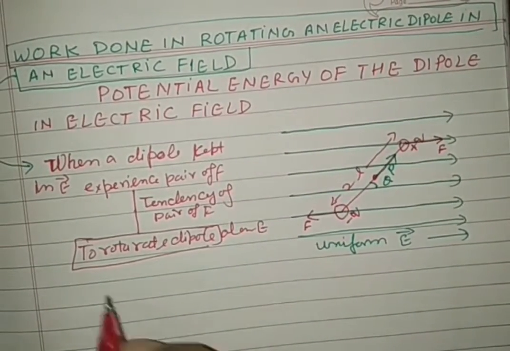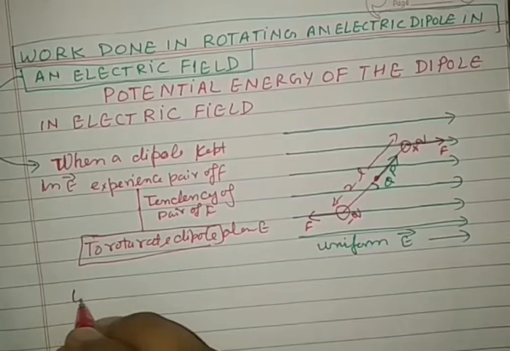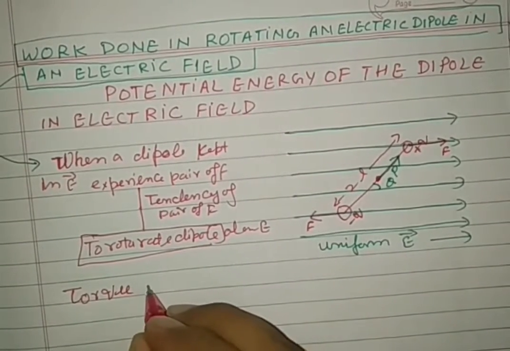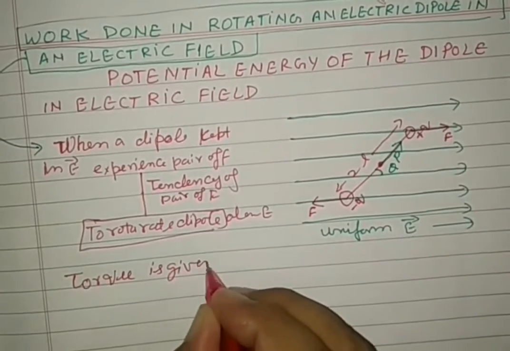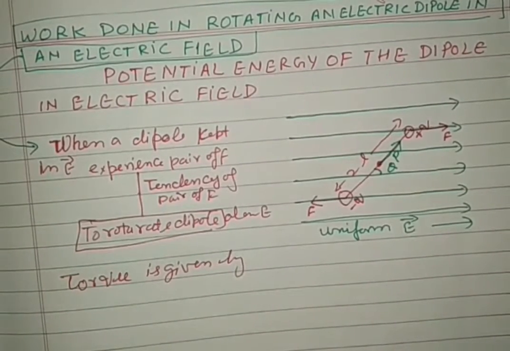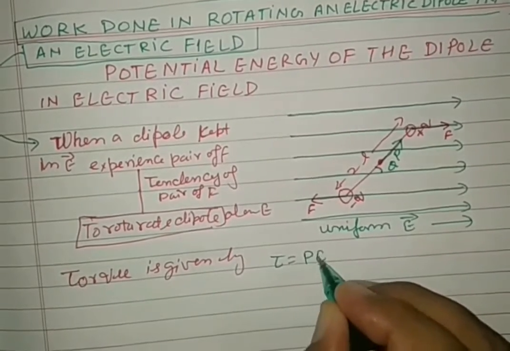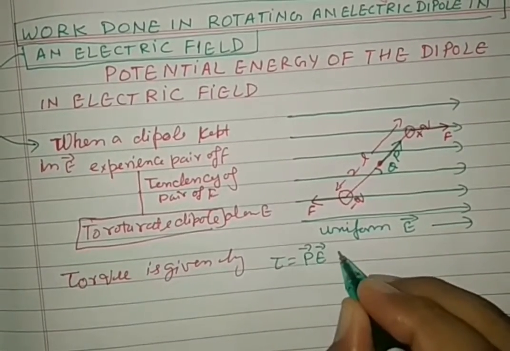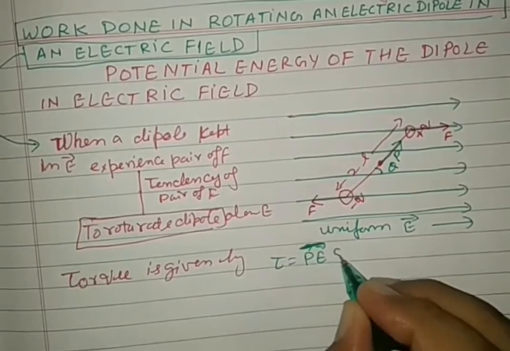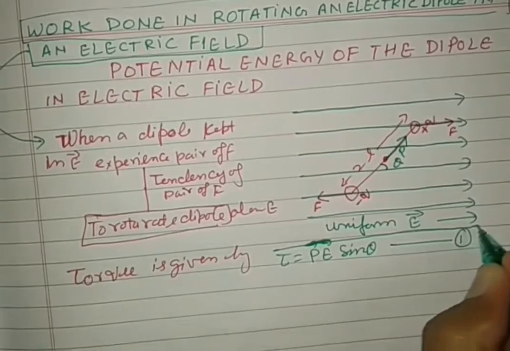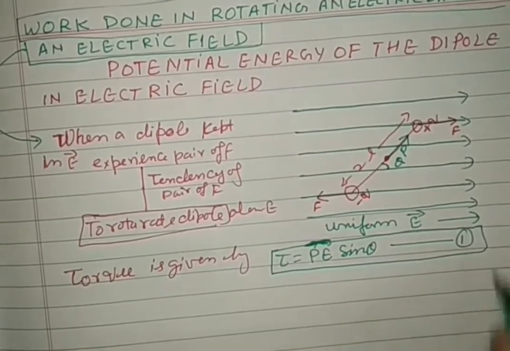So for the pair of forces, in that condition, the torque is given by tau is equal to PE sin theta, and represented by equation number 1.